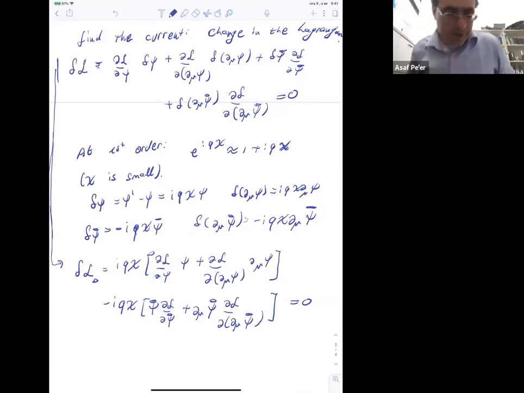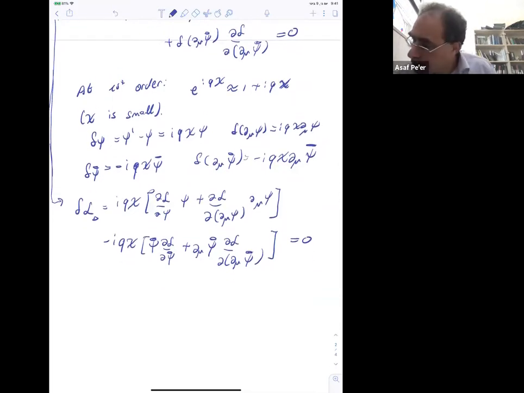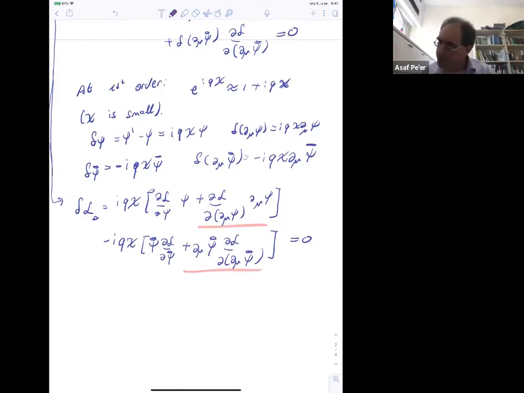So we have the term with the derivative. We have two terms, this term and this term, which we can write in a simpler form.